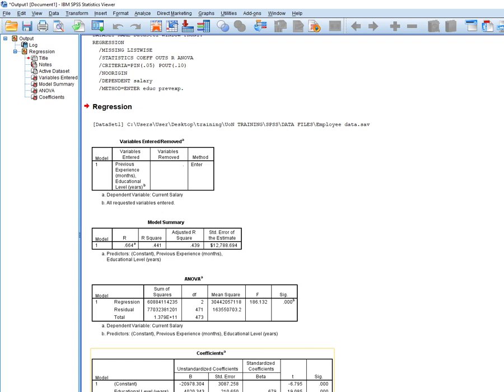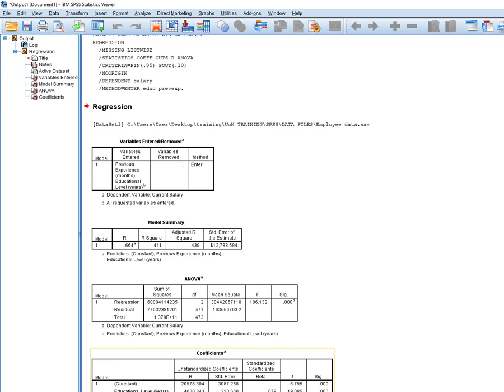So this is the unstandardized beta. Salary will respond by $12. If you are using previous experience in years, then salary will respond by up to $144.